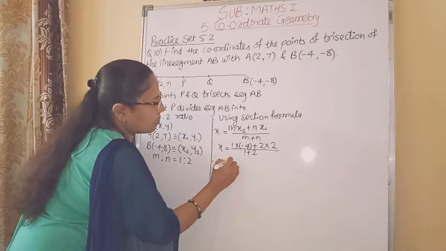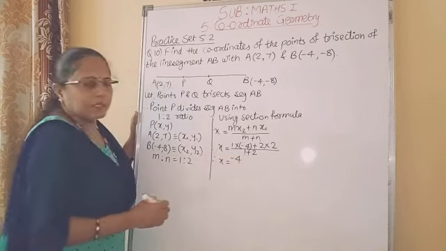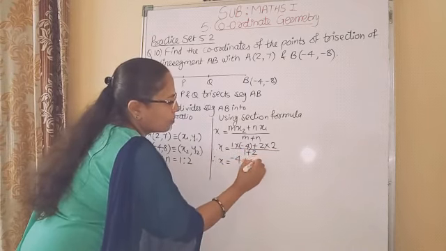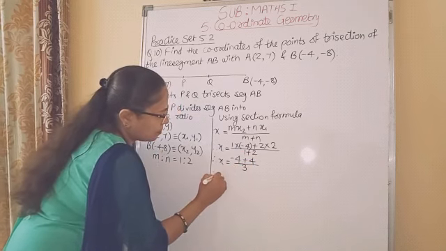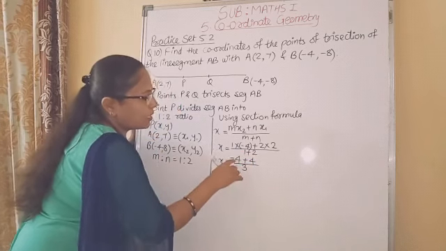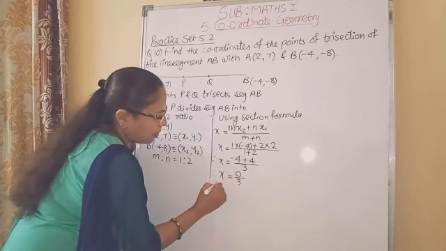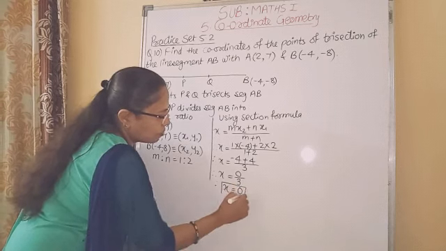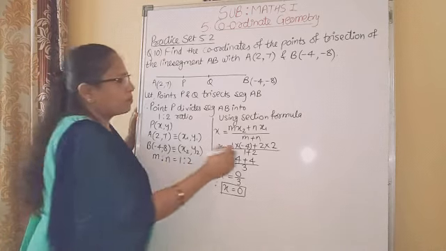Therefore x is equal to 1 into -4, -4, plus 2 twos are 4, upon 1 plus 2, 3. -4 plus 4, 0. 0 upon 3. Therefore x is equal to 0. So we got the x coordinate of point P as 0.